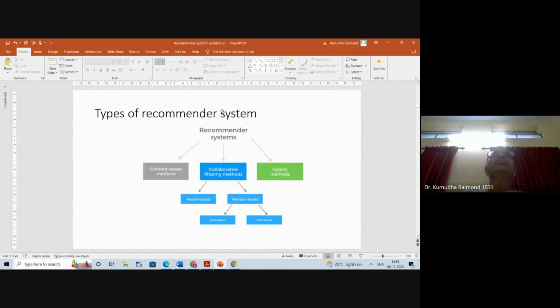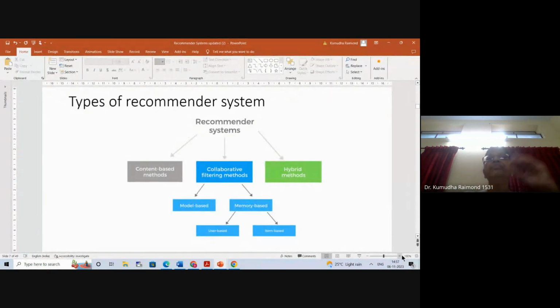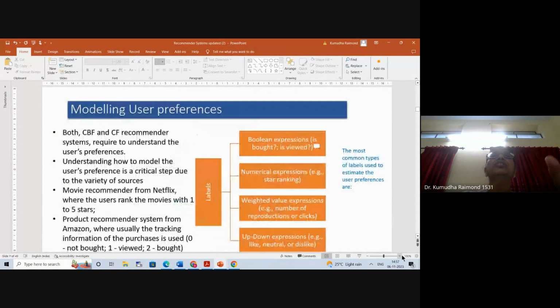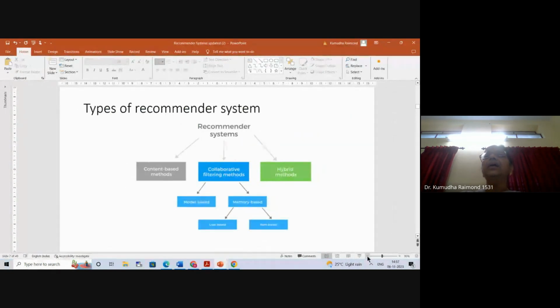And we also saw the different types of recommendation systems. One is content based, collaborative based, and the hybrid based. We are going to see the difference between content based and collaborative based recommendation systems, for which it needs user preferences.